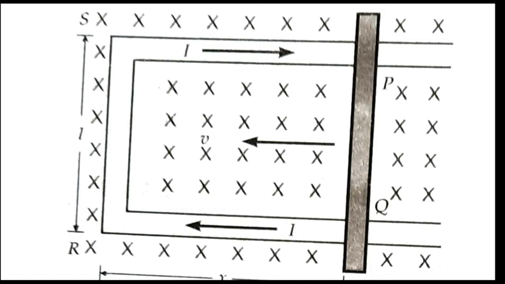That means only conductor PQ offers a resistance R, and the other sides like QR, RS and SP offer very low or zero resistance. So the resistance of the rectangular framework is only that R.